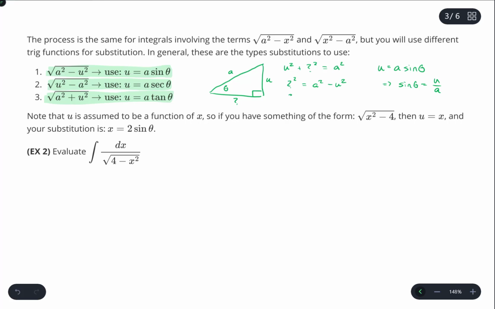And then when I take the square root, that remaining side is the square root of a squared minus u squared, which is the order of the constant minus the function, which is what we stated we would use sine for. Secant, you just set up two other sides of the triangle, and it results in the function minus the constant. So you have three different pieces that you can use to substitute with.